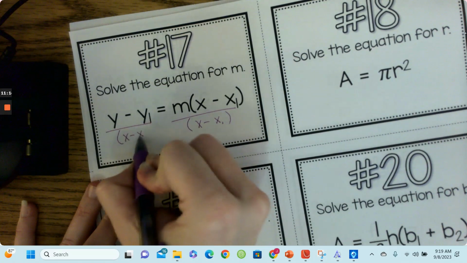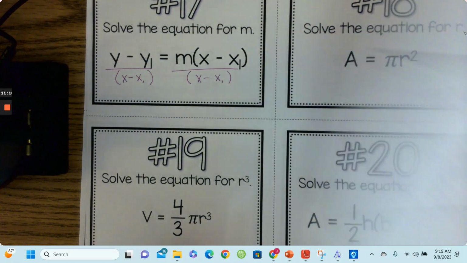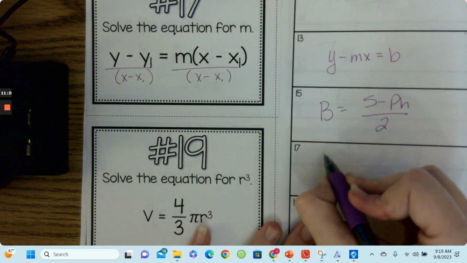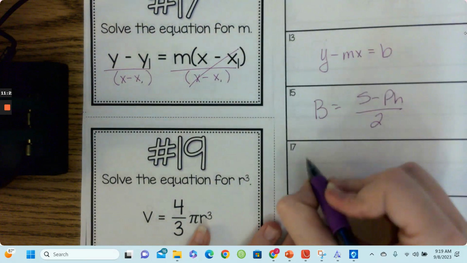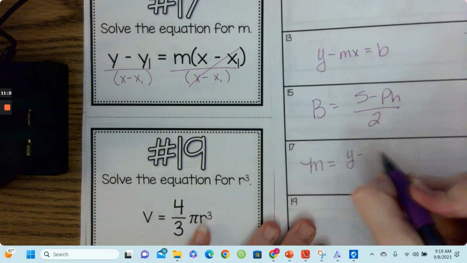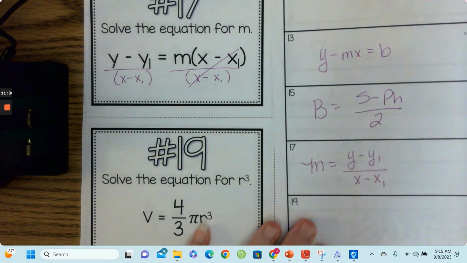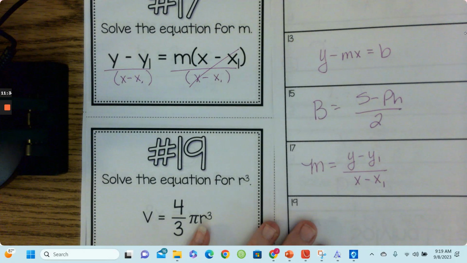That's just the rule of equations: whatever you do to one side, you do to the other. And so this all cancels, and I would have y minus y1 over x minus x1. And that's the slope formula. That's how we find slope by hand.